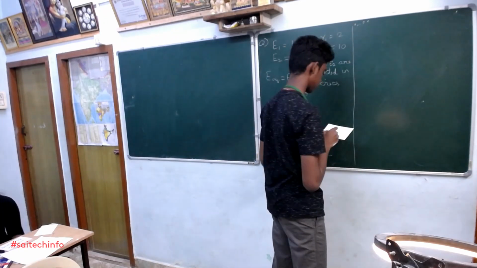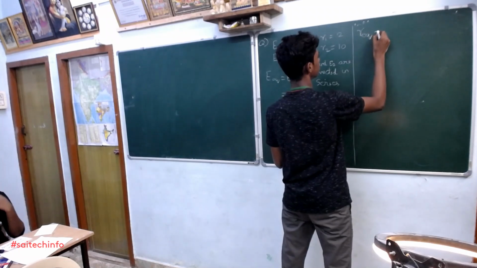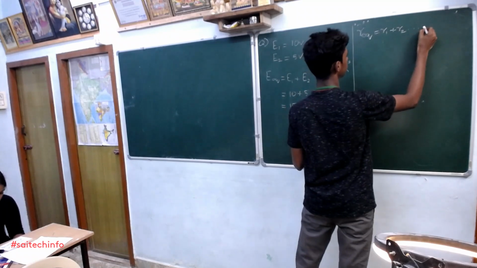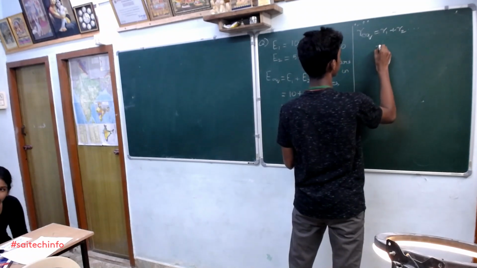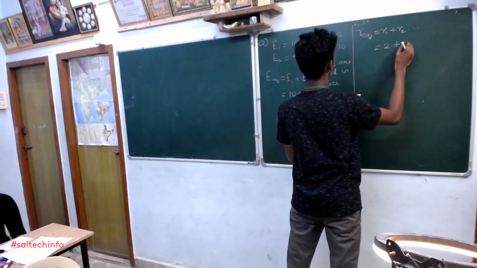Equivalent resistance is asked in the question, so R is equal to R1 plus R2, where R1 is equal to 2 plus R2 is equal to 10.